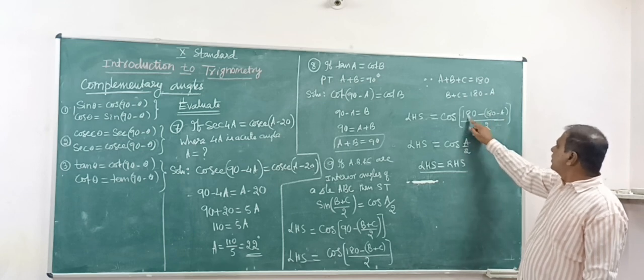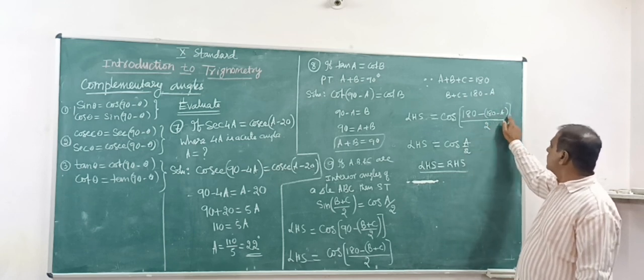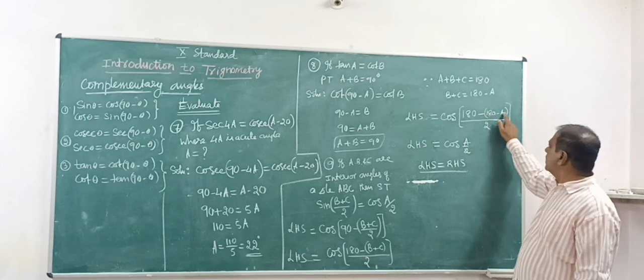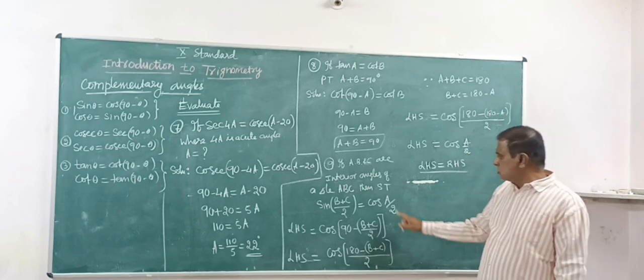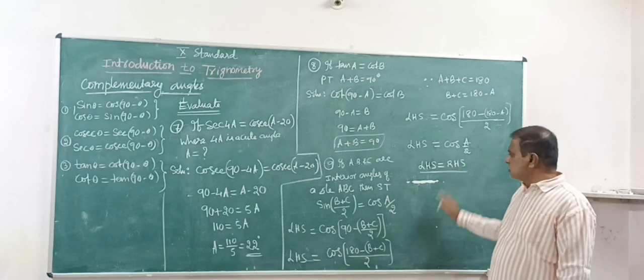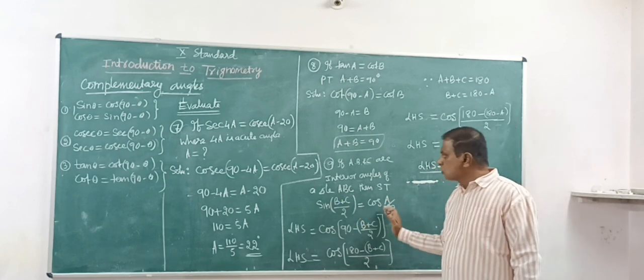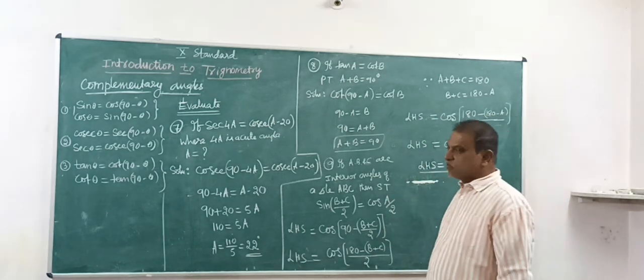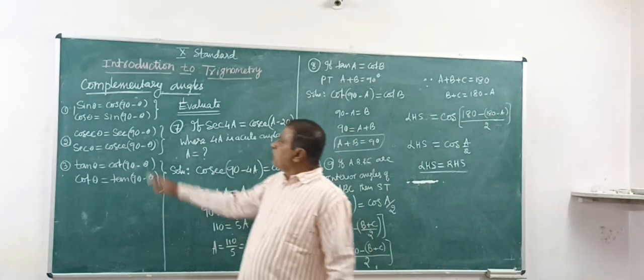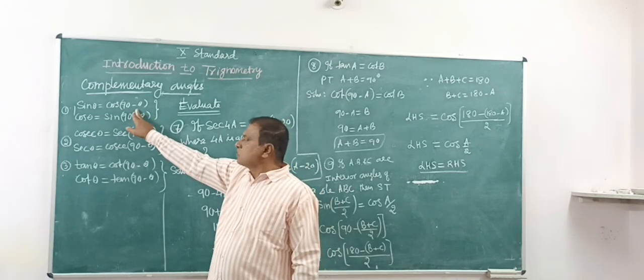Remove the bracket: 180 minus 180 plus A. 180, 180 cancel, A by 2. This is cos A by 2, the right hand side. LHS equals RHS, so this equation holds good. This is all. This is the type of problems we can expect on the trigonometric ratios of complementary angles.